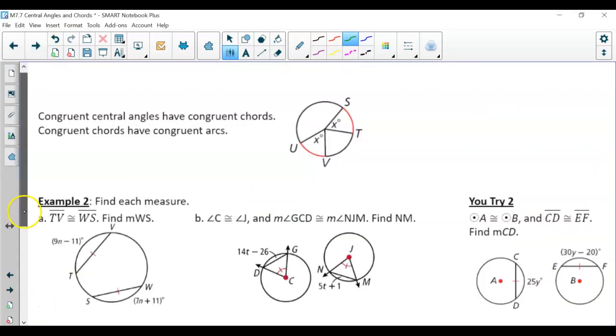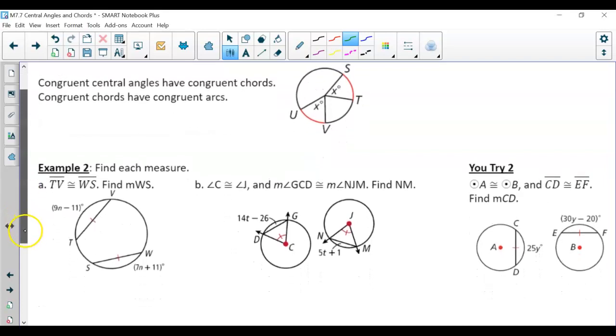So now our second concept with our central angles and arcs is we're going to now include the chord. So here, if we have congruent arcs, like here, for example, UV and ST, then if I were to create a chord ST, then technically this distance is also congruent to chord UV.